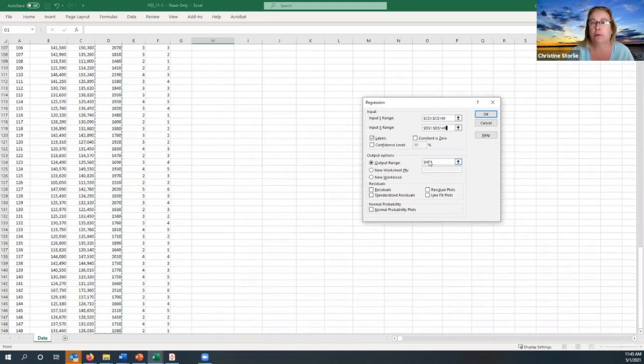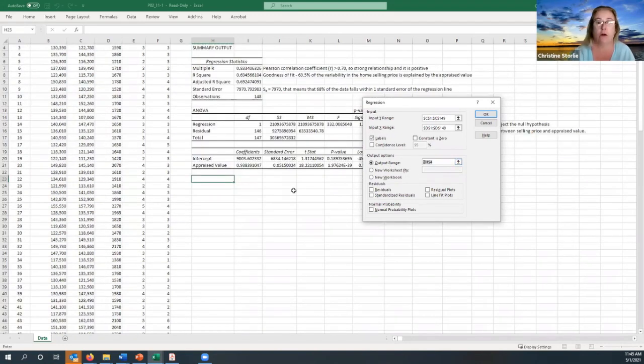And we do need to put this somewhere other than page 4. Let's drop down here. Page 3.